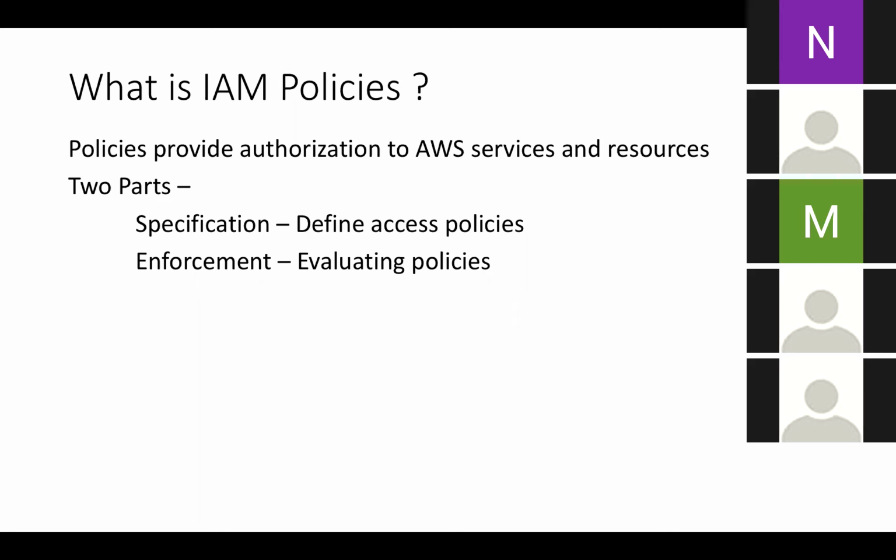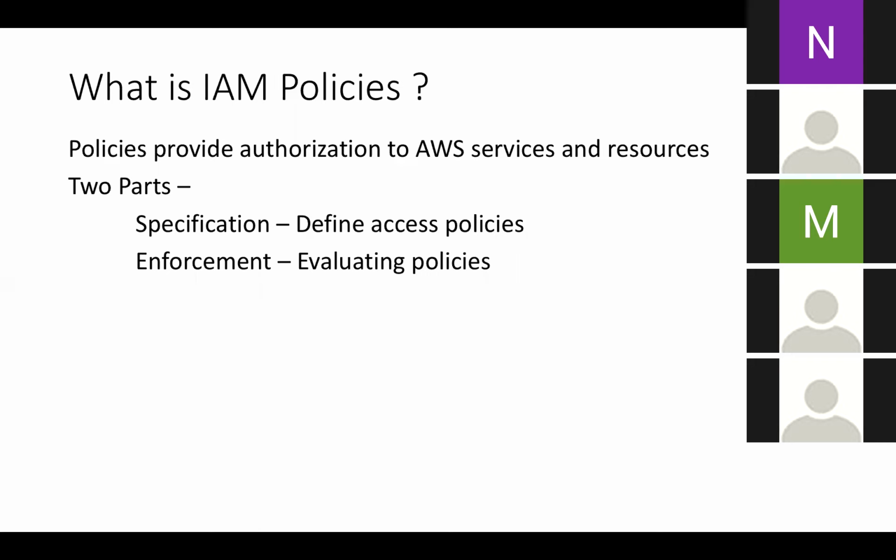Okay, fair enough. So remember we talked about IAM policies. Policies let you perform the authorization, and it has two parts. One is specification, the other one is enforcement. The specification is where you're defining a policy, which usually DevOps or maybe your security engineer does. They go and create a policy.